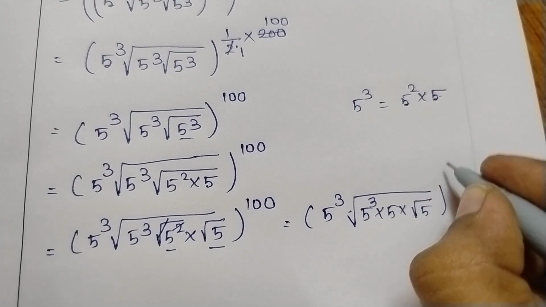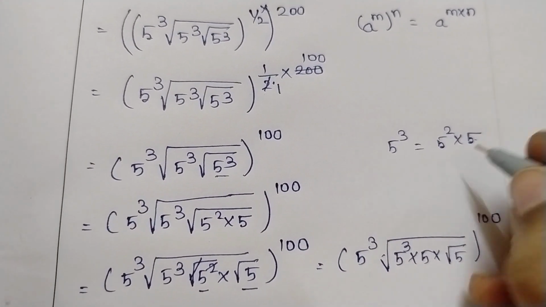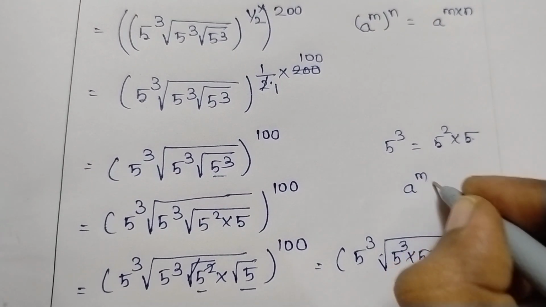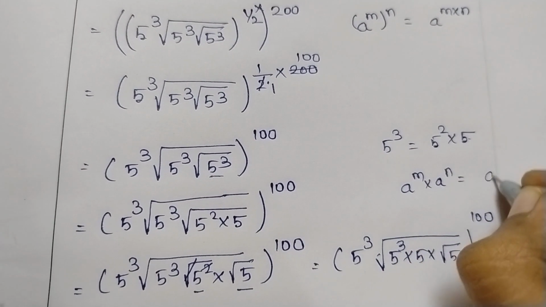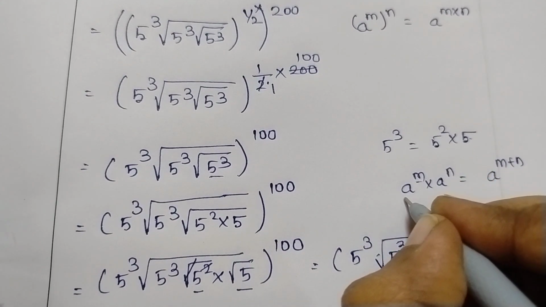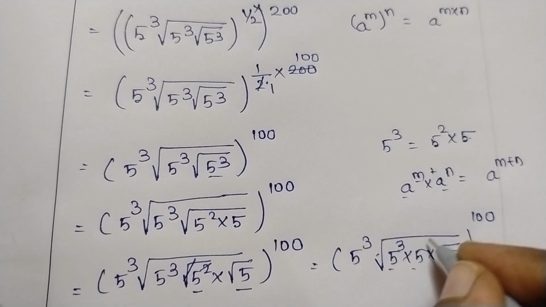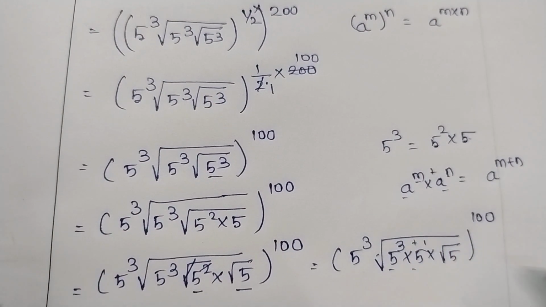Whole power 100. We know a rule, that a power m into a power n can also be written as a power m plus n. Which means if the base is the same, the powers get added. If you see here, the base is the same, so the powers get added, 3 plus 1 is 4.